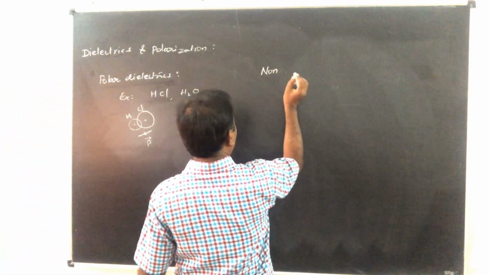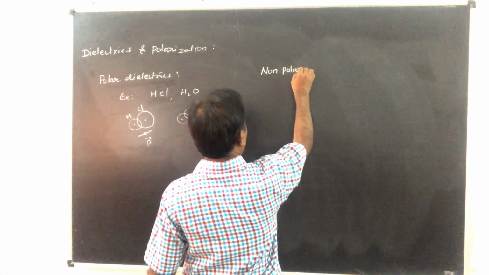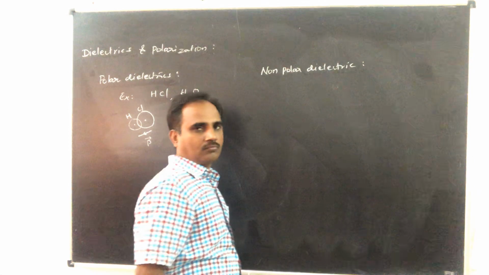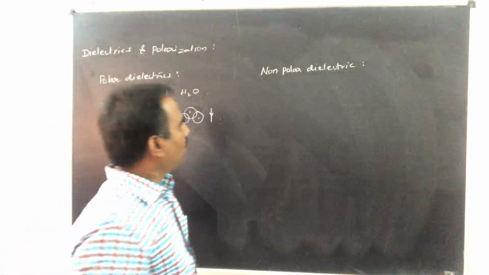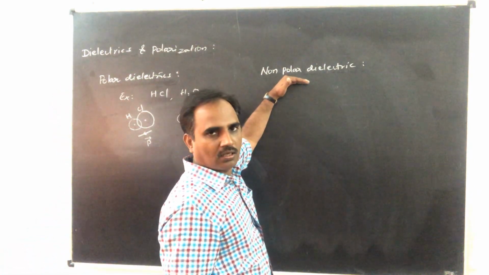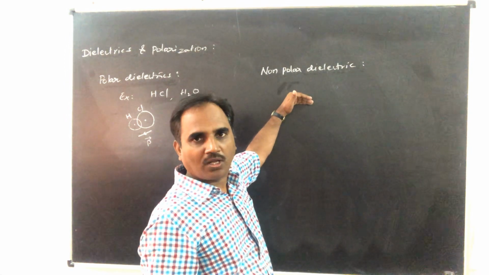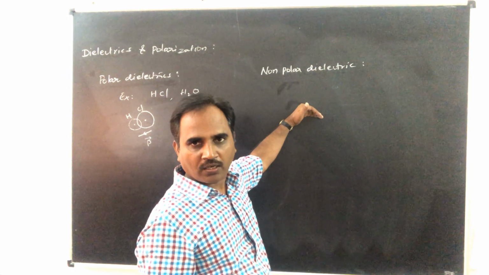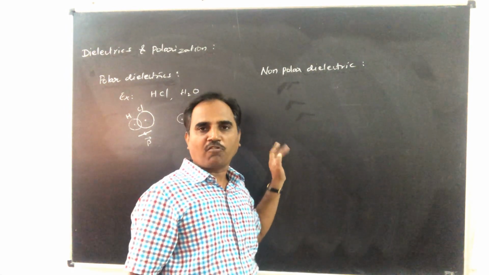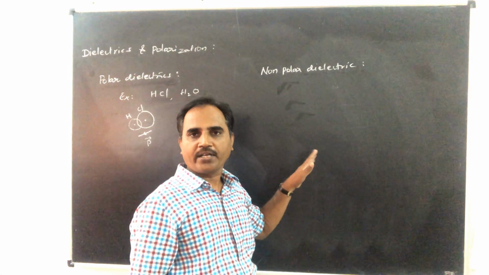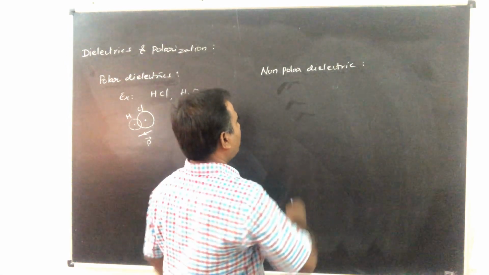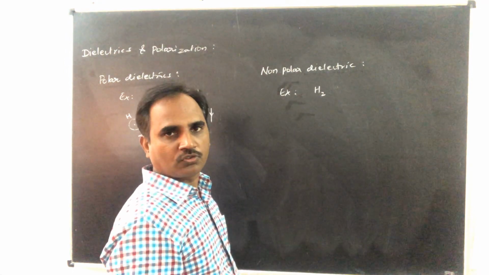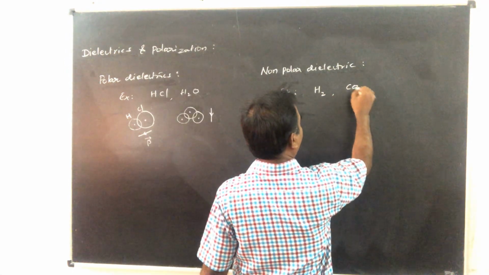So these polar molecules will have this type of permanent dipole moment. Similarly, you have another type of dielectric which is called non-polar dielectric. This non-polar dielectric consists of non-polar molecules. A non-polar molecule is one in which the center of positive charge and negative charge coincide. For example, you take this H2 molecule, or you take this CO2 molecule.